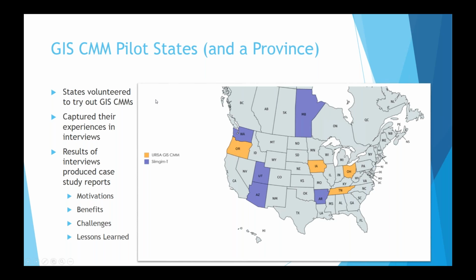We interviewed these states and captured their experiences, and we pulled those together in case study reports. We tried to highlight the motivations for wanting to do a capability maturity model, what benefits they saw from doing it, what some challenges were, and what some lessons learned were. That's what I'm going to sum up in these last couple of slides.